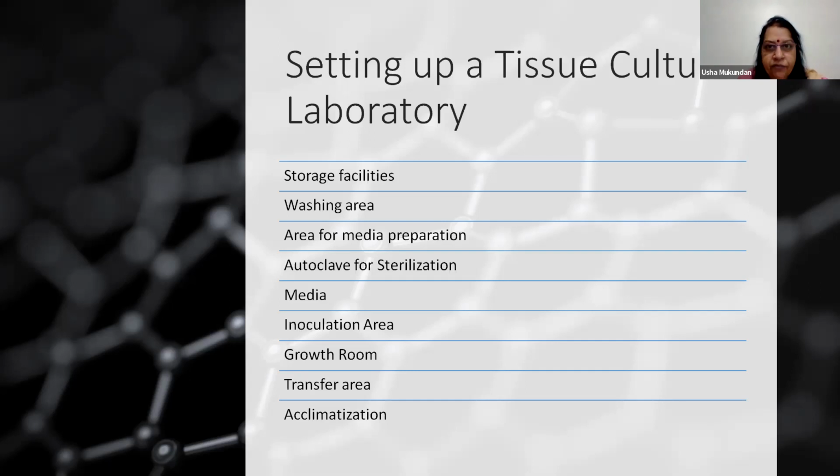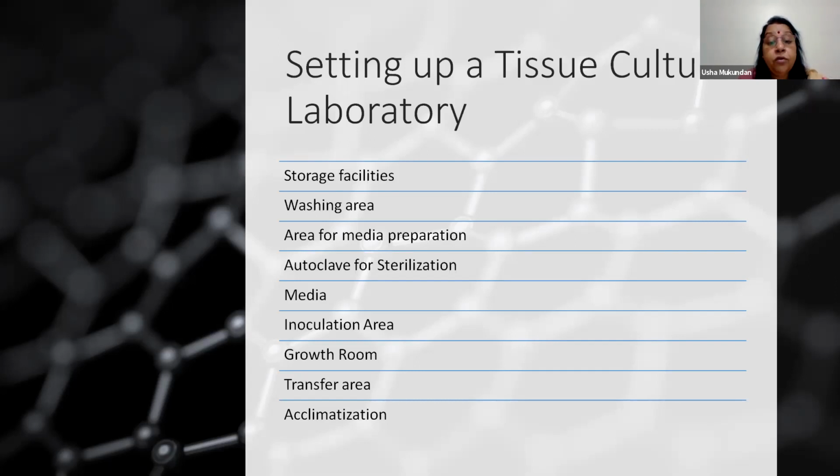Your washing area, we'll be looking at each of these areas separately. The area for media preparation, your autoclave, then your microwave oven, because nowadays you dissolve agar using a microwave. So that microwave cannot be used for food. You must have a separate refrigerator. You must have a separate microwave only for your laboratory work.